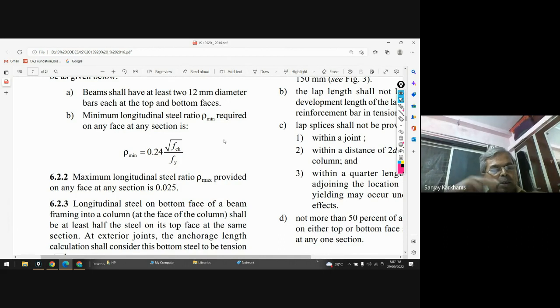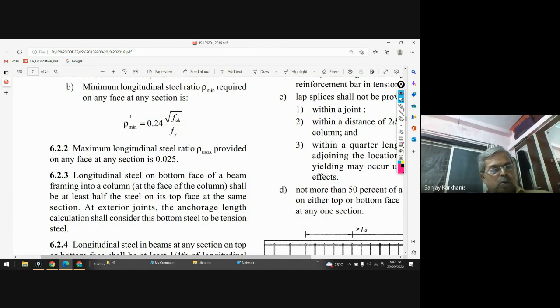That has been covered over here, and that is okay whenever you are going only for gravity loading. But when you are going for a lateral load resistance system, your rho minimum depends on fck and fy as well, right? So that is how the code has revised the minimum percentage of longitudinal reinforcement in beams, compared to IS 456.